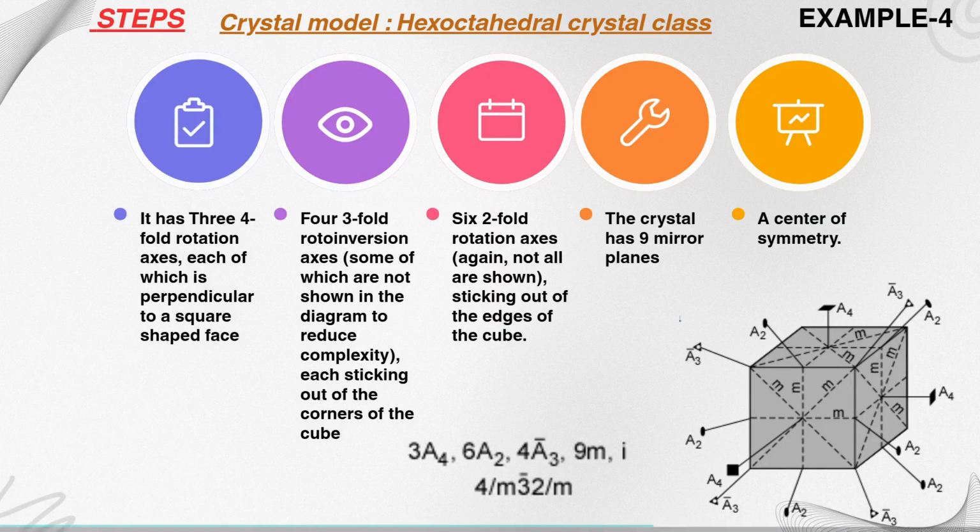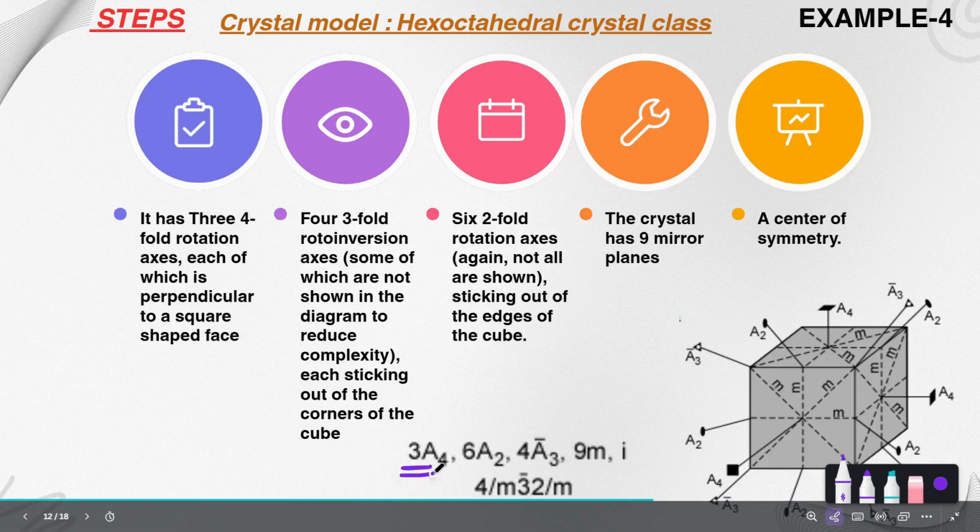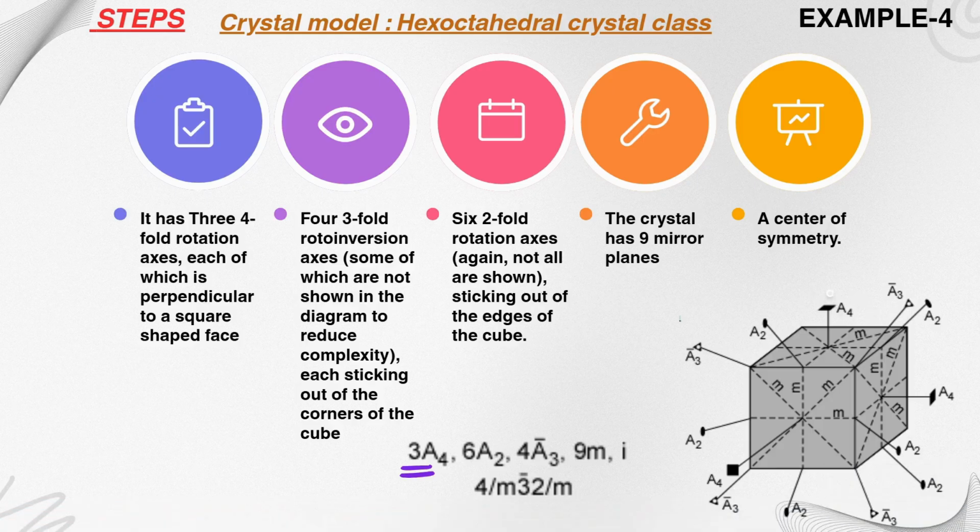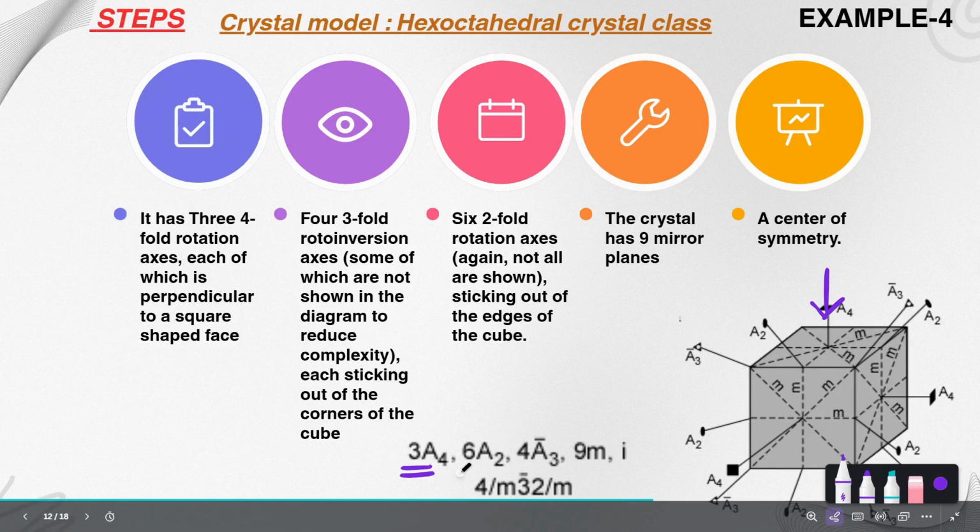Here we have 3 axes of 4-fold symmetry, which pass through the principal axes like A, B, C, and 6 axes of 2-fold symmetry, which pass through these edges, and similarly 4 axes of 3-fold symmetry, which pass from this solid angle to this solid angle.